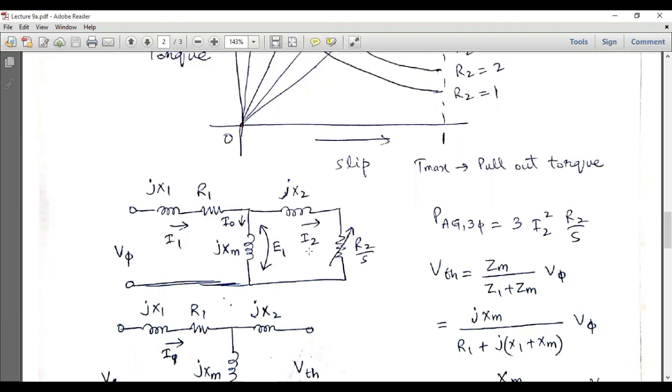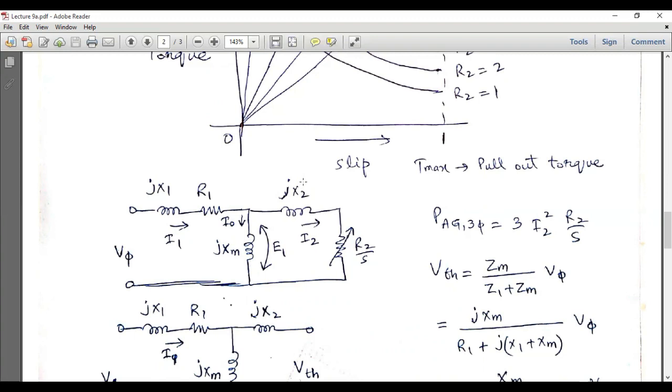So this is the simplified equivalent circuit again drawn for the induction motor, and here we have replaced the prime terms with non-primes. So jX2 dash is replaced by jX2, because it is straightforward that when we have no mutual inductances between the stator and the rotor side, the rotor quantities are referred to the stator side.